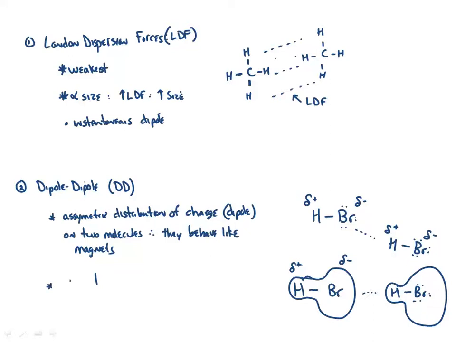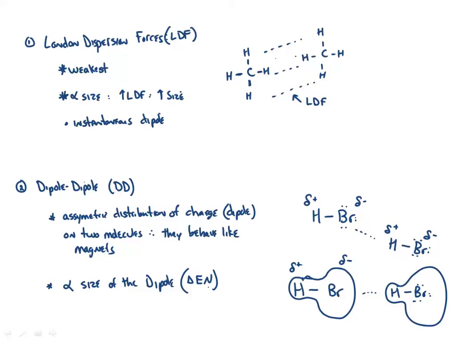Now these are also proportional, not to the size of the molecule, but to the size of the dipole, which really is, for us, mostly related to the difference in electronegativity. So if there's a big difference in electronegativity between the two atoms, it has a larger dipole than if it has a small electronegativity difference between the atoms.